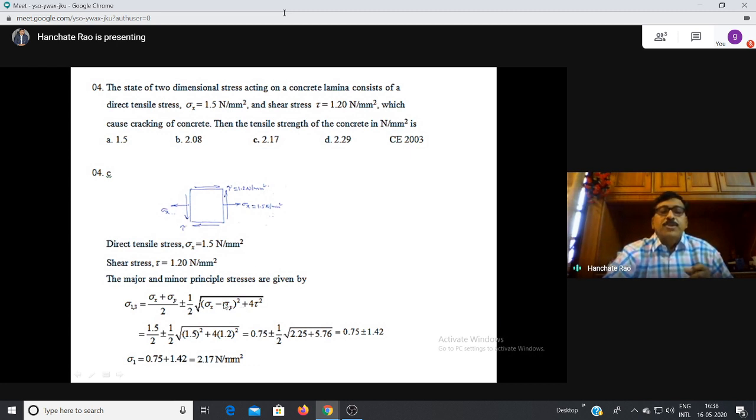If you substitute this, you get major principal stress as 2.17 Newton per mm square, because that is causing the cracking of the concrete. Major principal stress 2.17. C is the correct answer.